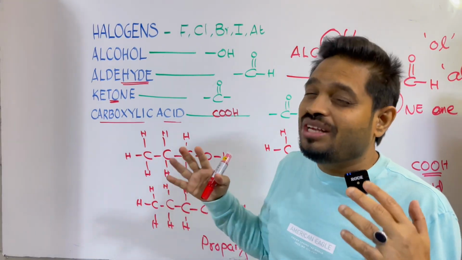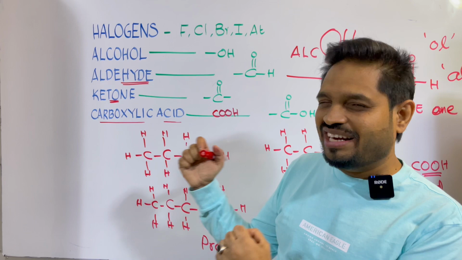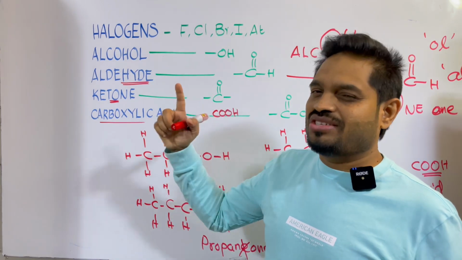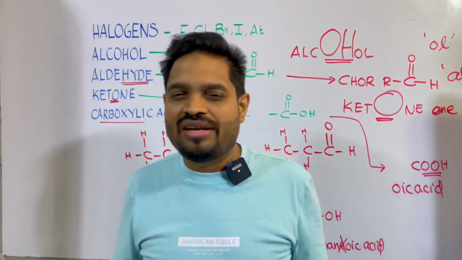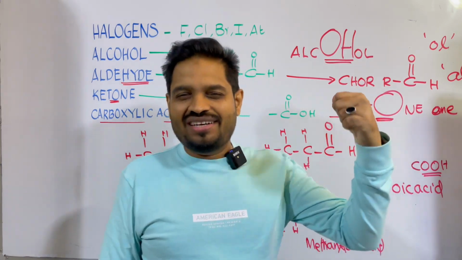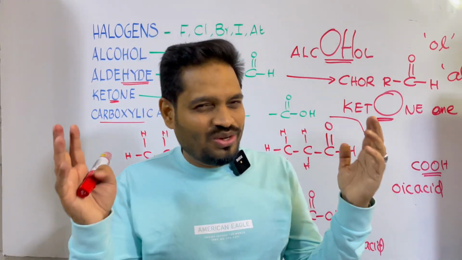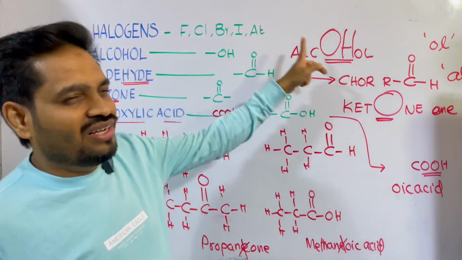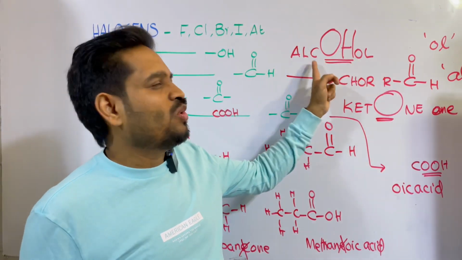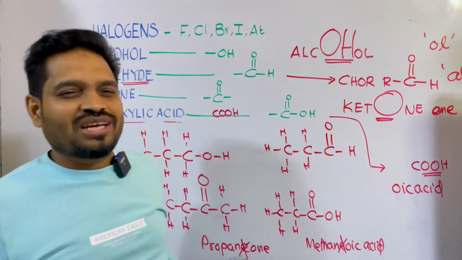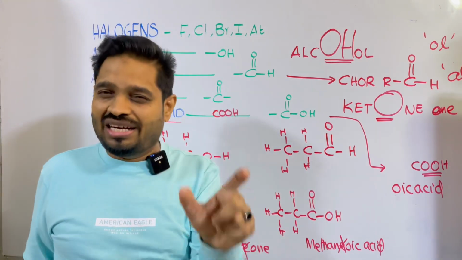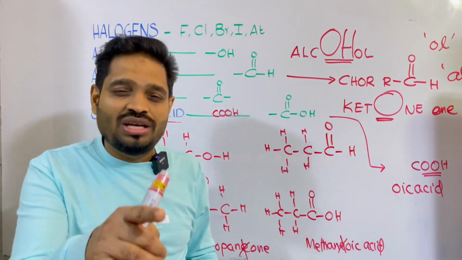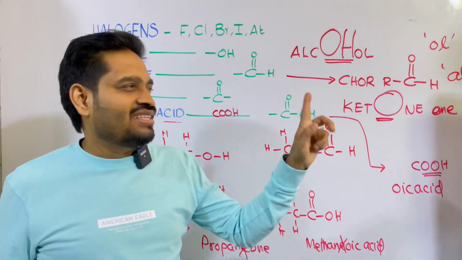I hope now you got a very clear grip on the tricks and tips for remembering and recollecting our major functional groups. So take a quick look. What are they? Alcohol itself says I am OH. Okay, now second one, aldehyde, hiding one, the CHO group.